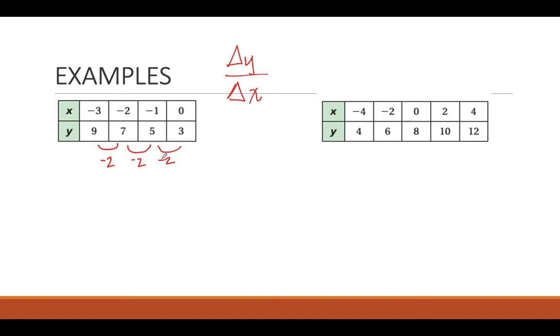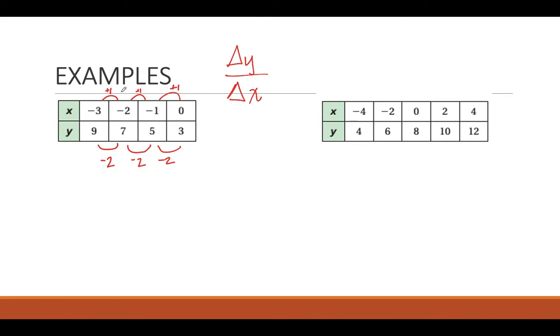Sometimes they are the same, but they are not all the same all the time. For the sake of keeping things simple, I gave you all examples where the change is constantly the same, because this is just an introduction. If we look at the x values on top, -3 to -2 is an increase of 1. -2 to -1, again, an increase of 1, and then from -1 to 0 is an increase of 1.